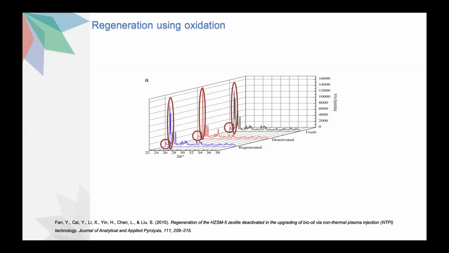The fresh HZSM-5 had 2 diffraction peaks, but the deactivated one only had 1 diffraction peak. Intensity of the single peak increased significantly in the range of 2 theta equal 26.5 to 27 degrees.